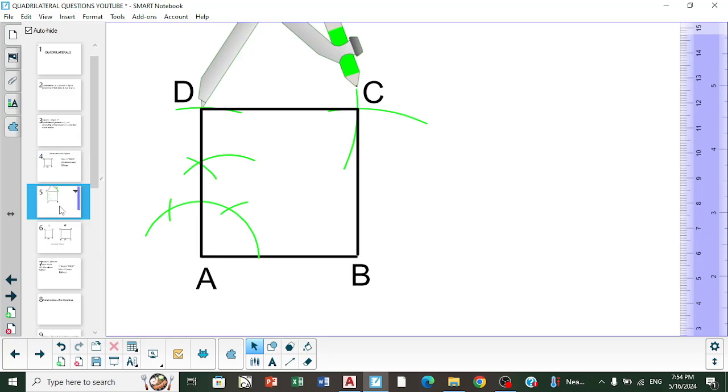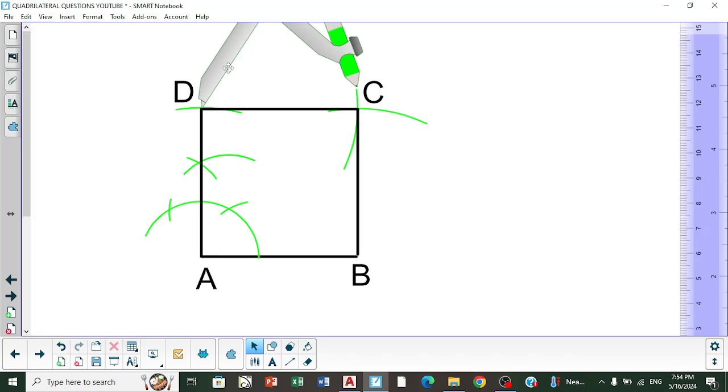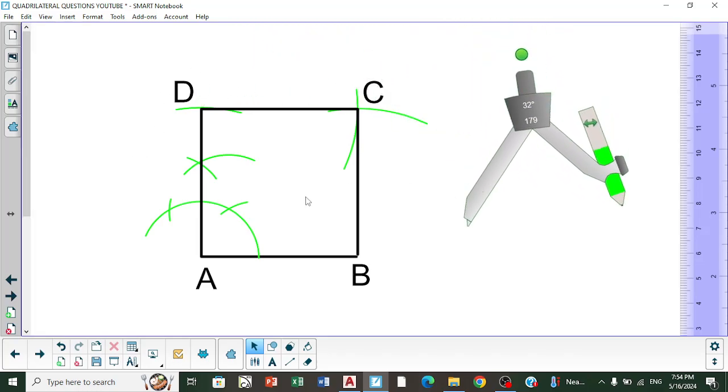And this is my answer. Now, when you're constructing a square, you need to differentiate line types. So I have here the square outlined in object lines, and all the arcs and so on, construction lines, represented by green. So these are lighter lines.